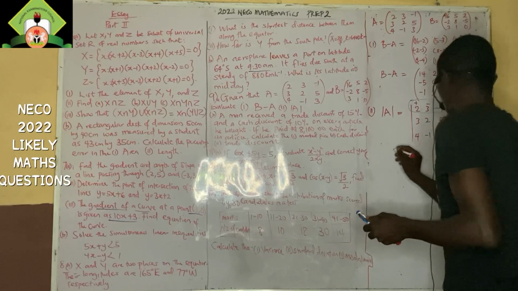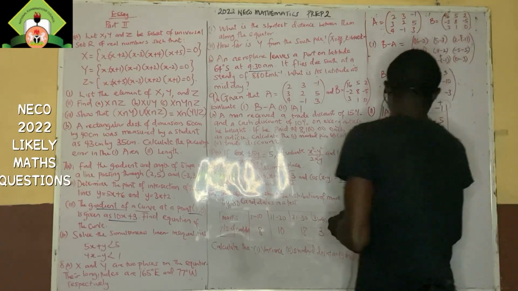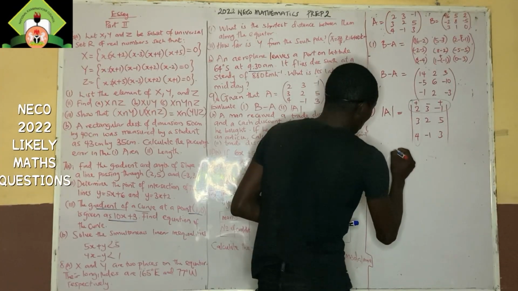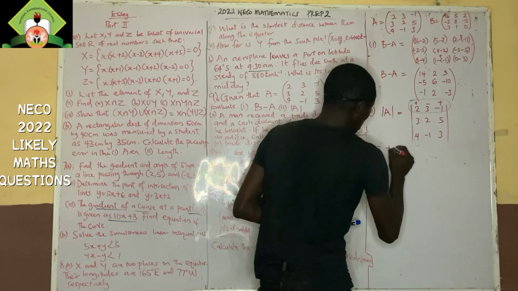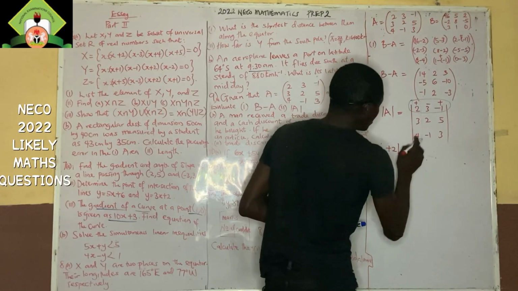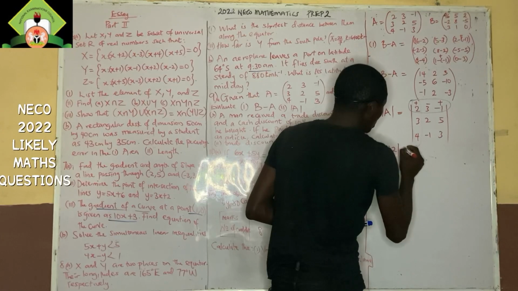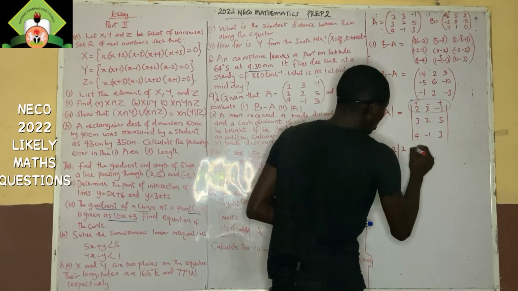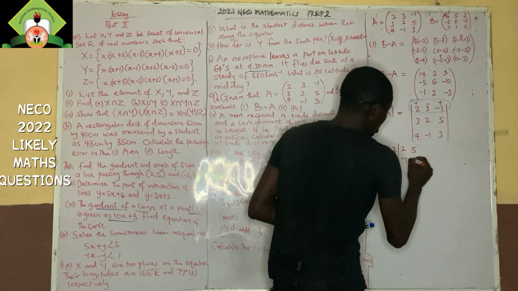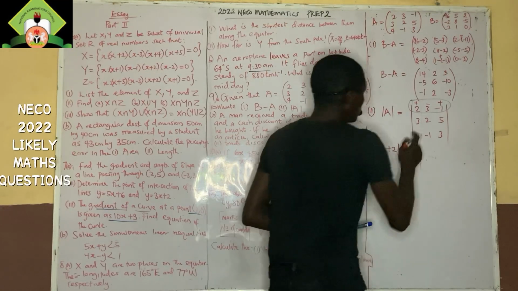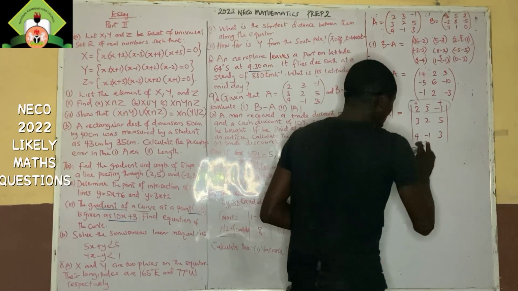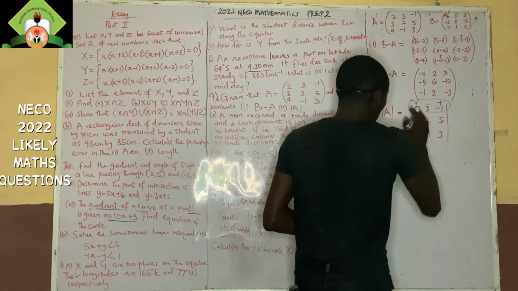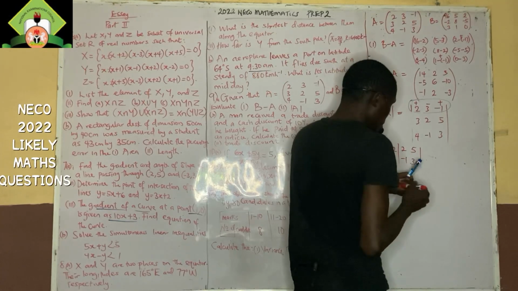Now you bring out this one. This is plus 2, open bracket. Now what do we have here? We have 2, 5, minus 1, then 3. So that's that. Then you close the second column.